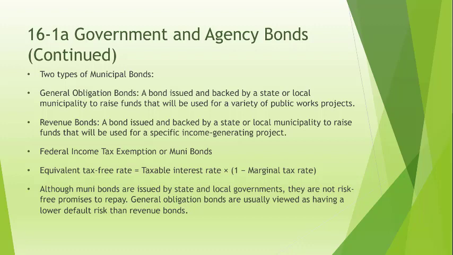If that interest was coming in, you would be taxed on that interest at a certain rate. Well, that rate is your marginal tax rate. So we take that taxable interest rate and multiply it by 1 minus the marginal tax rate. Basically, that gives you the equivalent tax-free rate.